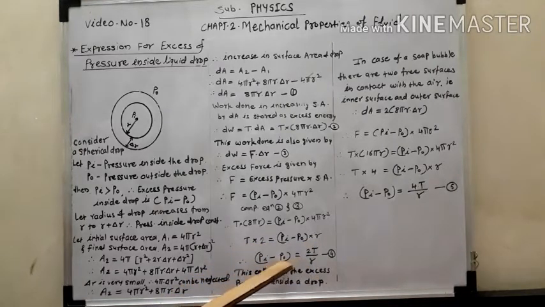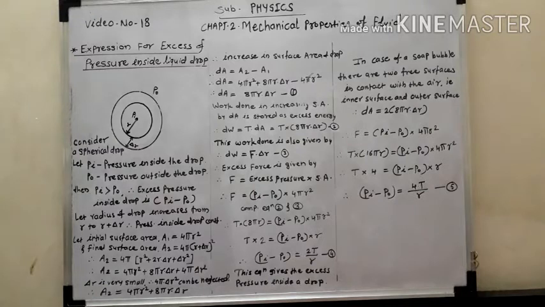Therefore, Pi minus Po is equal to 2T upon r. This equation number 4 is the excess pressure inside the liquid drop.